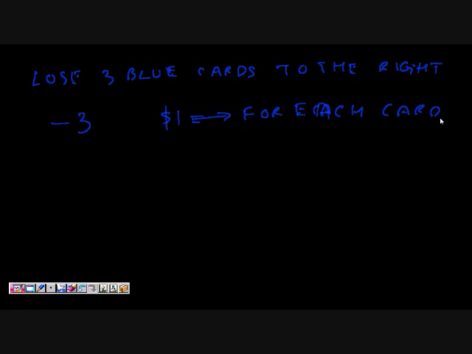So minus 3, which is the number of cards that you lose, and each card is worth $1. So you lose $3. So we can see negative number multiplied by a positive number will give you a negative number. So you lose $3 by losing those 3 blue cards to the person on the right.